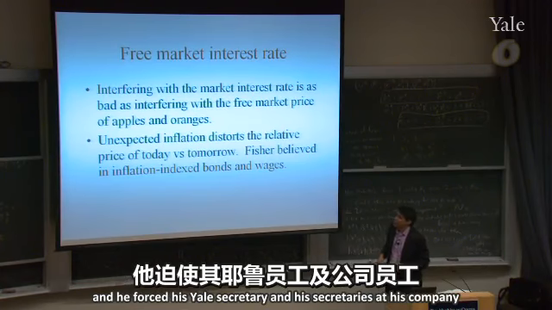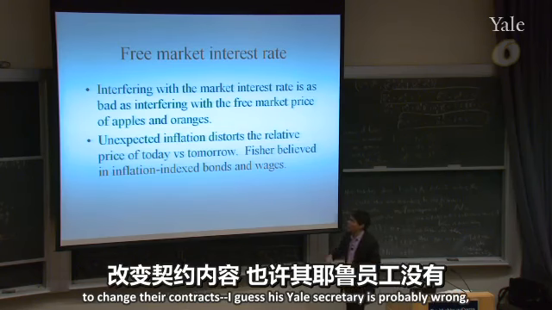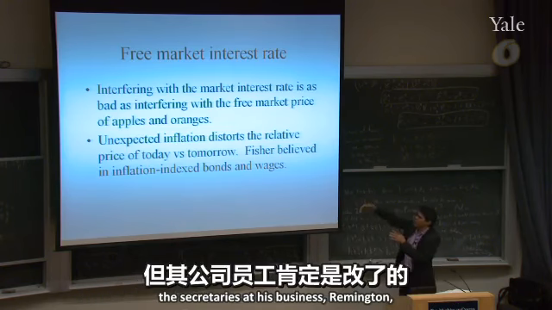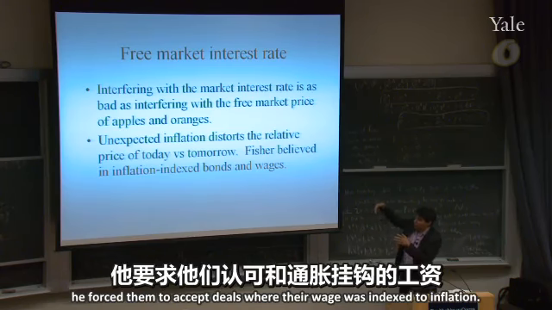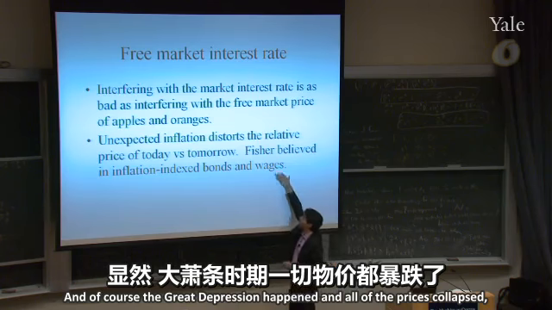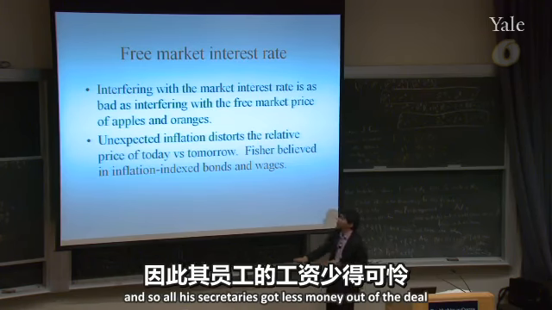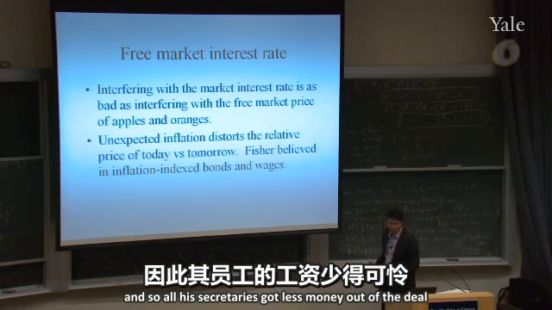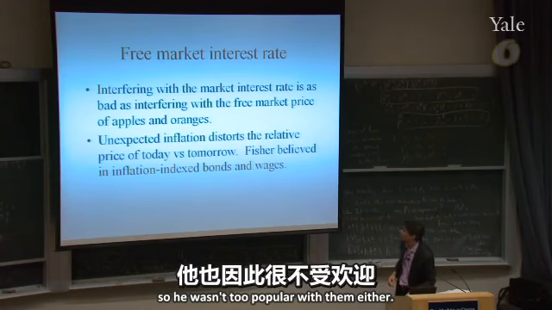And he forced the secretaries at his business, Remington, to accept deals where their wage was indexed to inflation. And of course the Great Depression happened and all the prices collapsed, and so all his secretaries got less money out of the deal, so he wasn't too popular with them either.